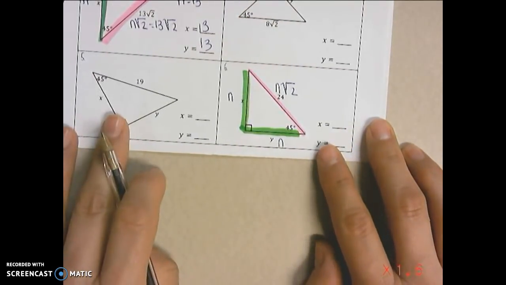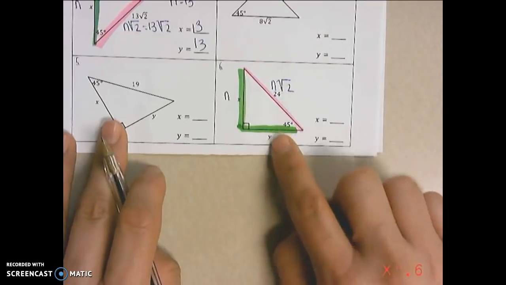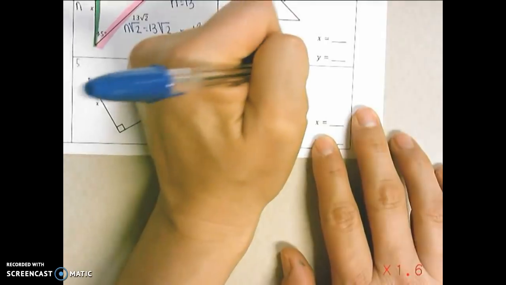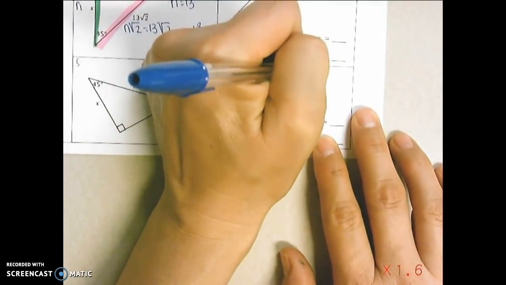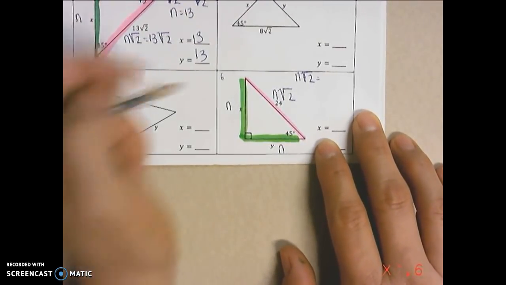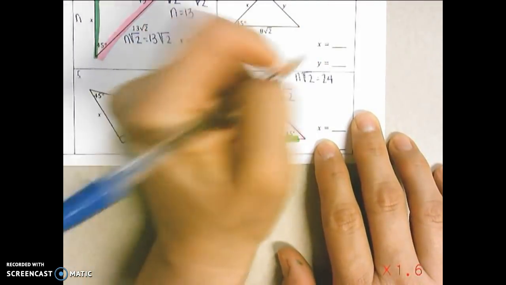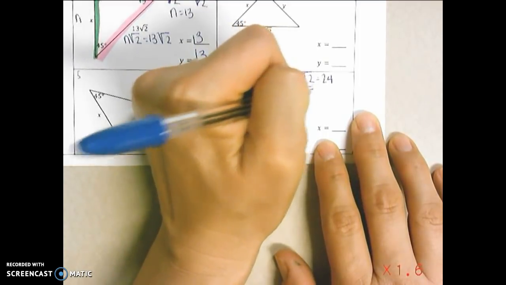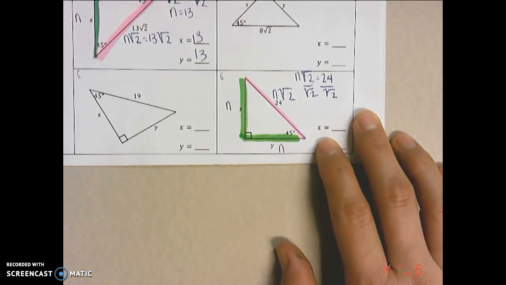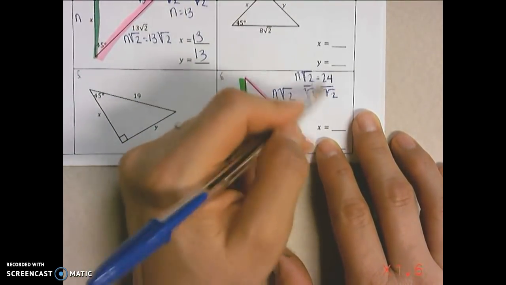Here again, I don't have my two legs, so I need to figure out what they are. I'm going to do n rad 2 equals 24, because I know that my hypotenuse is 24. I'm going to divide by rad 2 and divide by rad 2, and this is where I'm going to run into a problem, because I can't simplify this.